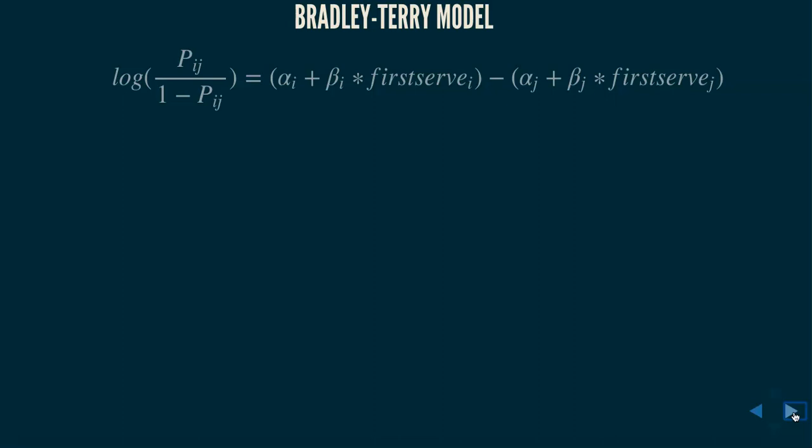And it does this by calculating an ability for each player and using the Logit scale to back transform the difference in ability to find a predicted probability.